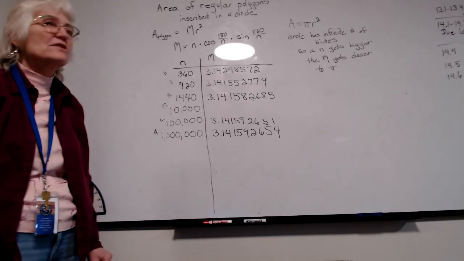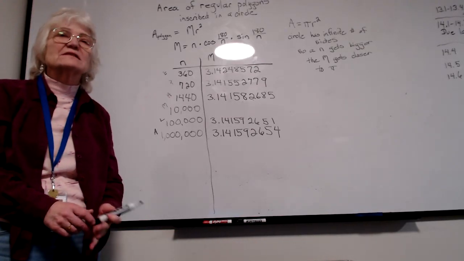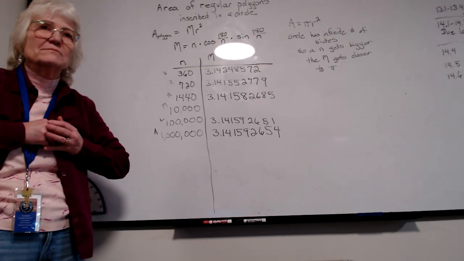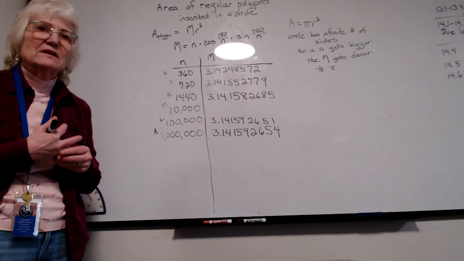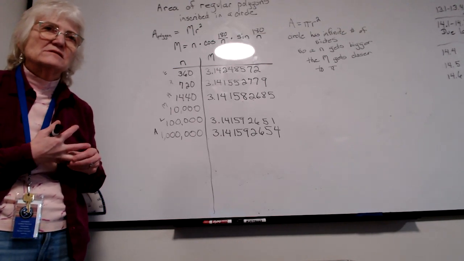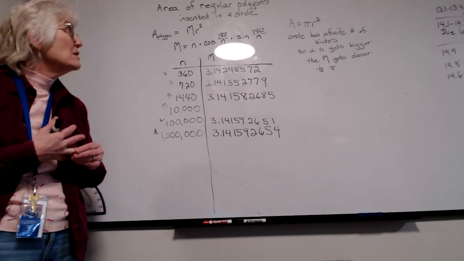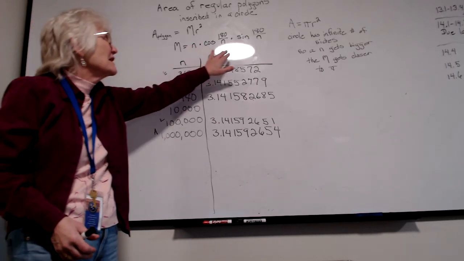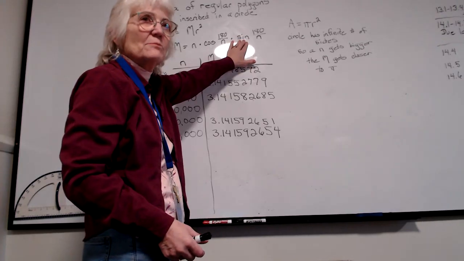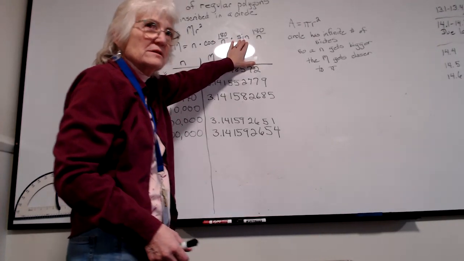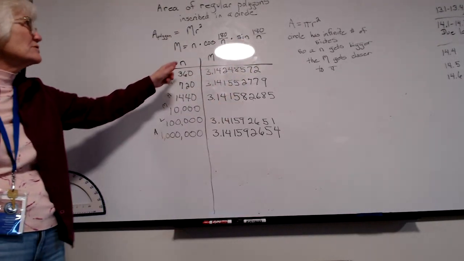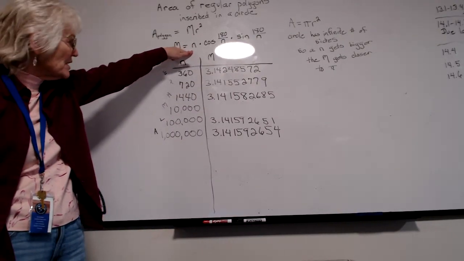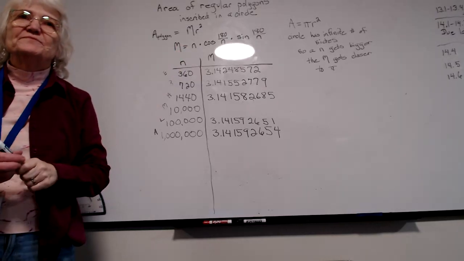So now you're taking the cosine of that angle, then times sine of that same number, and then you multiply the answer by 10,000.